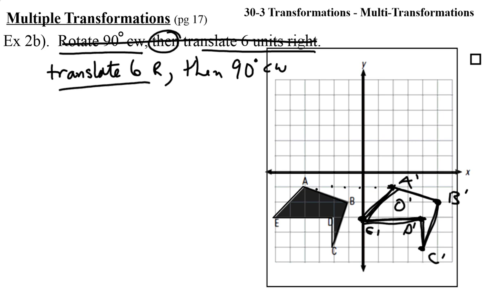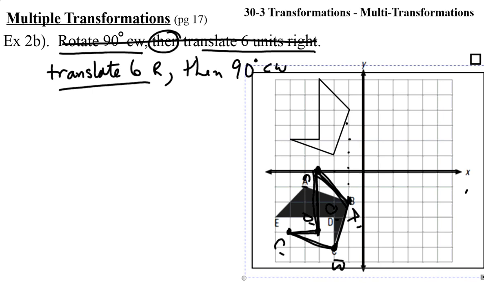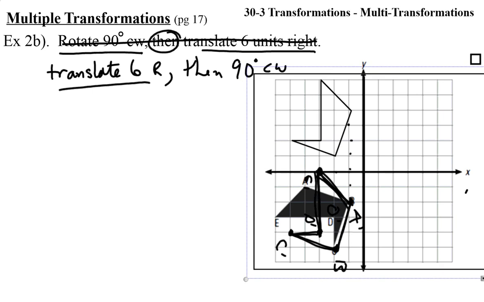And now I can just pretend that I have this, and I'm going to rotate it 90 degrees. So which way do we want to rotate? We want to rotate 90 degrees clockwise. So I rotate 90, line things up, and now I can see where I finish. And the question is, did I finish anywhere near what I did the last time?